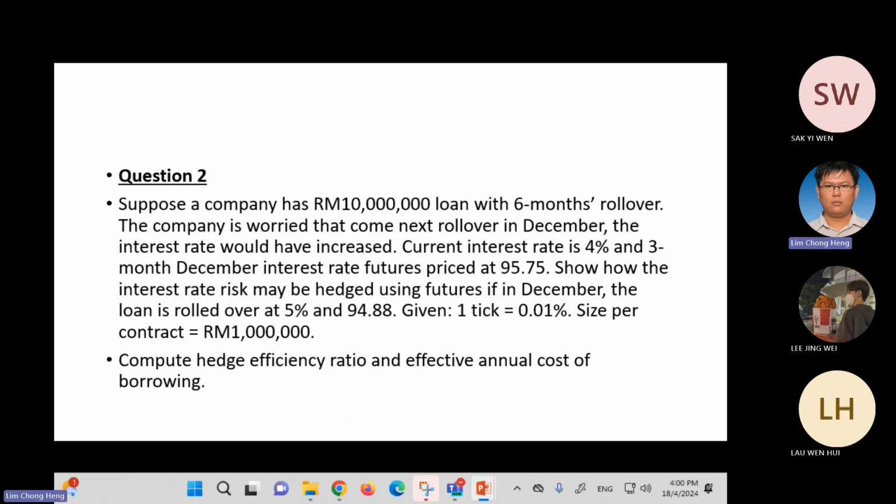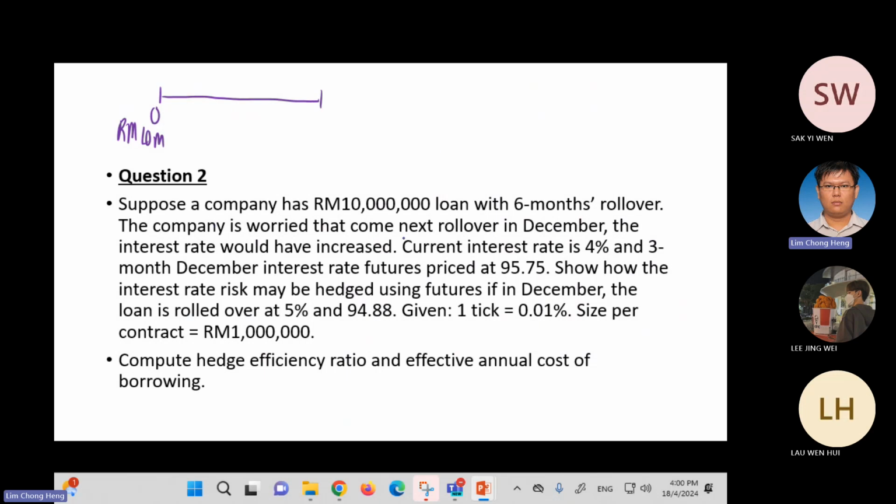Okay, question 2 is the future market. We're using the future contract to lock the interest rate. So the situation is, assume your company today has a 10 million loan rollover for 6 months.